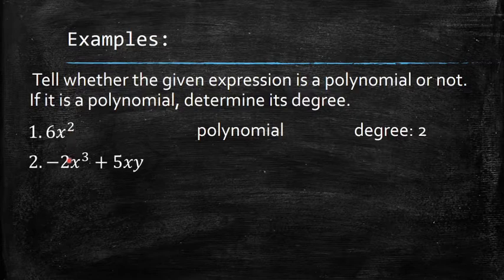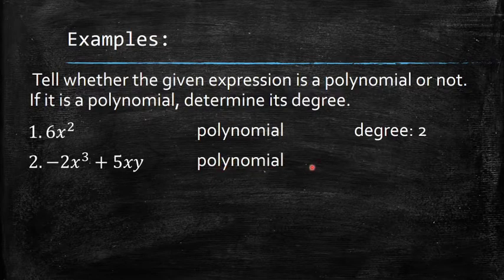Now let us have the second one. We are given negative 2x cubed plus 5xy. Can we consider this algebraic expression a polynomial? It is a polynomial because the exponents of the variables are whole numbers. We have 3, and here we have 1 for x and 1 for y. So this is a polynomial.